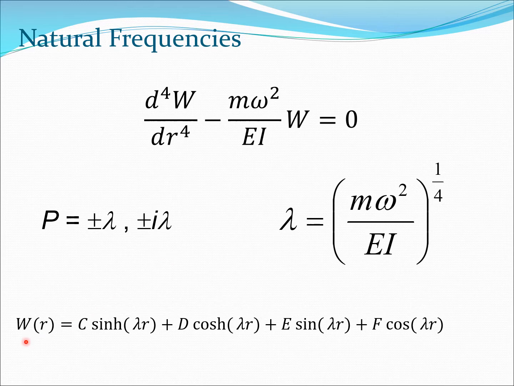And the result of that is the solution W of r, and there would be a sine and cosine term which come from i lambda, and there would be a sinh and cosh term which come from lambda. So this is the solution we obtain, and we have 4 boundary conditions for this problem which are going to yield the 4 constants for this problem.